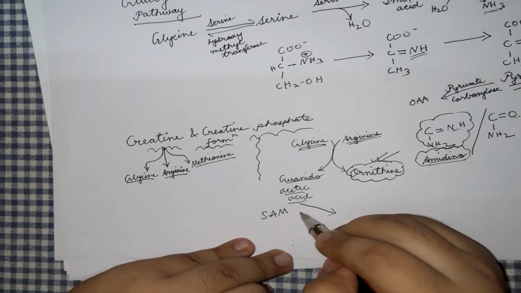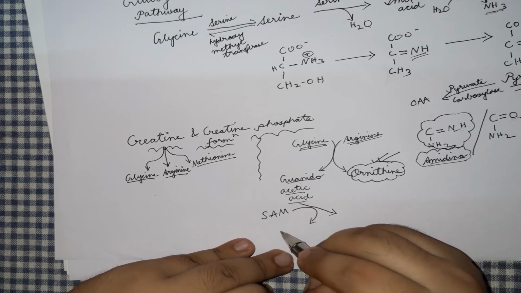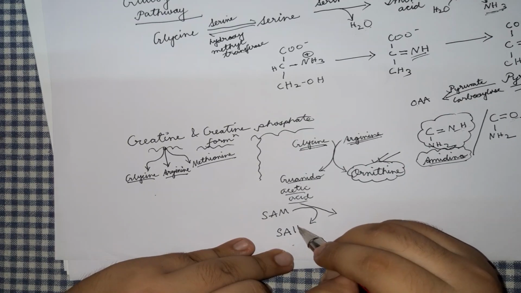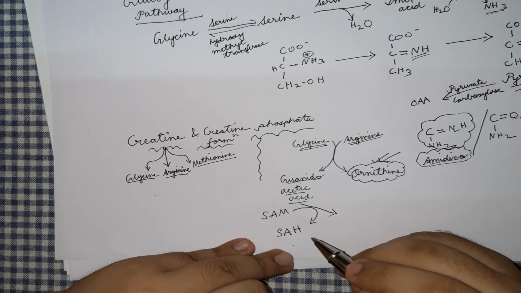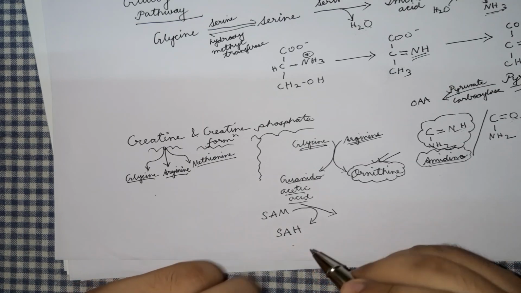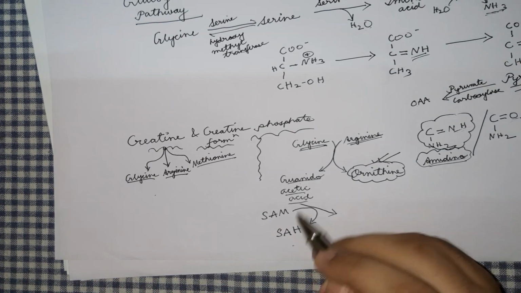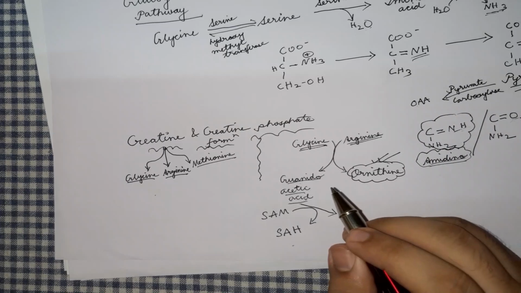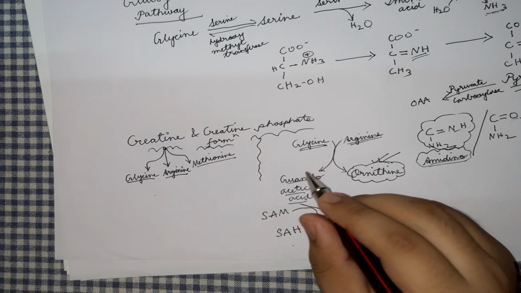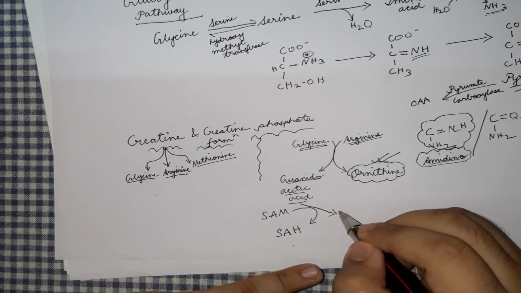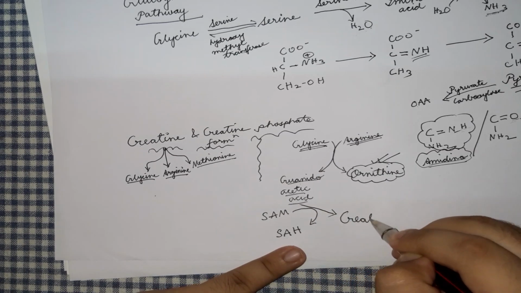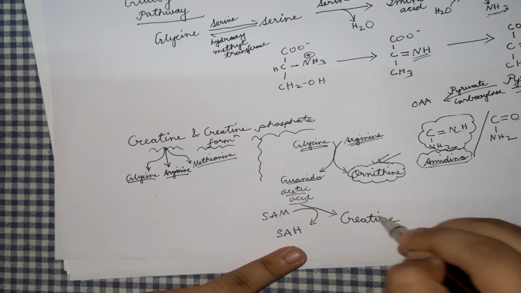and itself gets converted to what we say to be S-adenosine homocysteine. All right, S-adenosine methionine to S-adenosine homocysteine after it has donated the methyl group, and guanidoacetic acid after reacting with that forms our desired product, that is creatine.